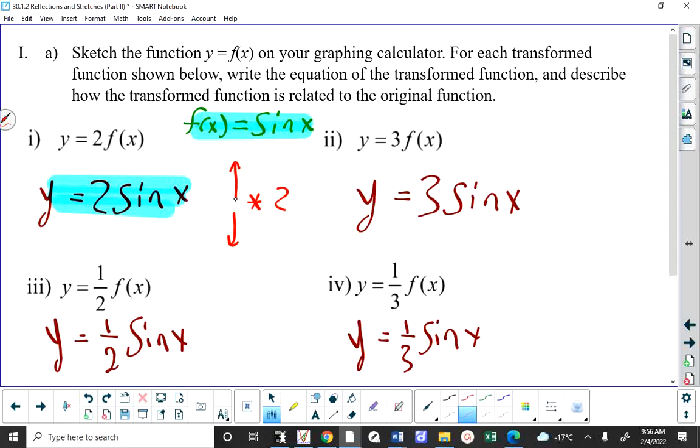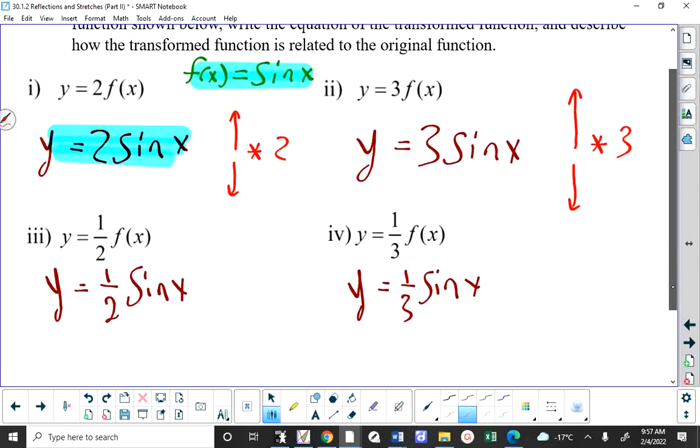No, we would hypothesize that this function is stretched vertically by a factor of 3. We're hypothesizing that the number in front that you're multiplying the function by is the vertical stretch factor.